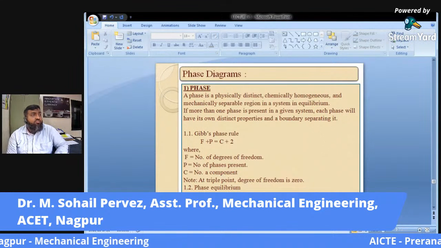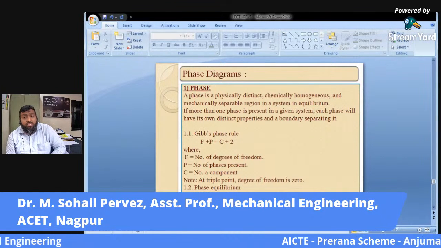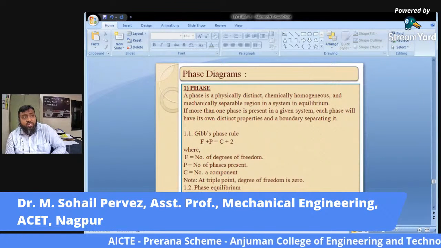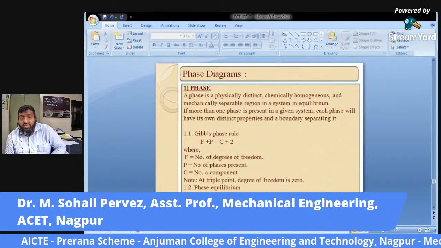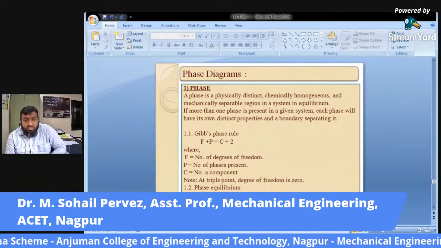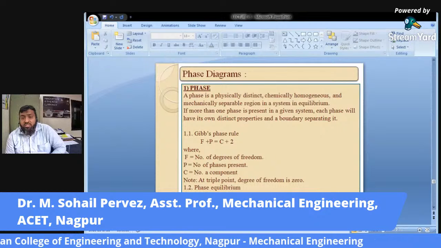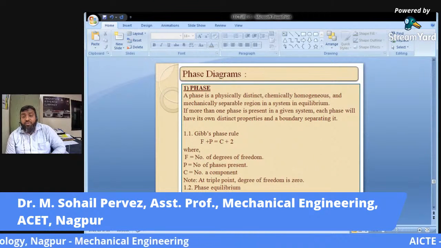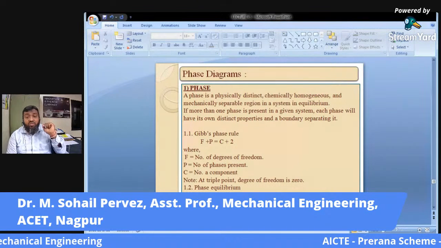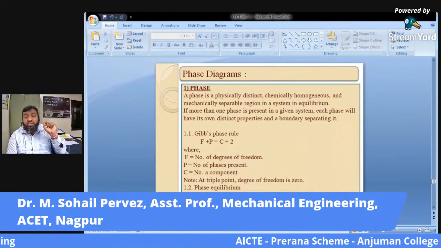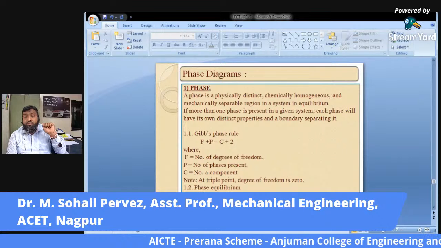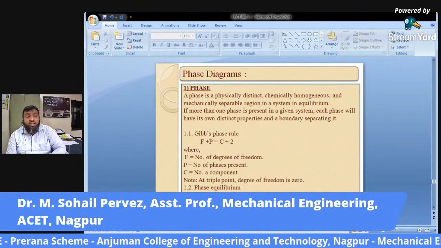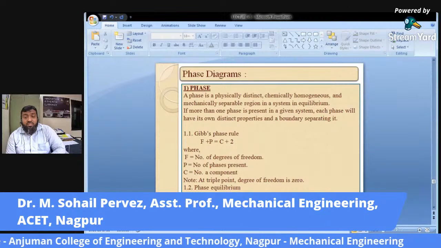For defining the phase of a material, Gibbs phase rule is most widely used, and it gives a very exact definition of the properties or phase of an element. F plus P equals C plus 2, where F is the number of degrees of freedom, P is the number of phases present, and C is the number of components.